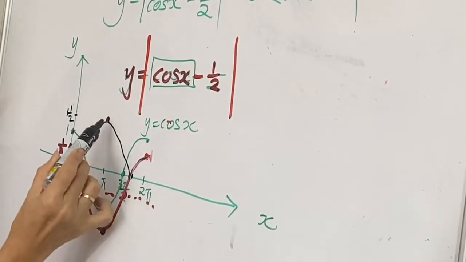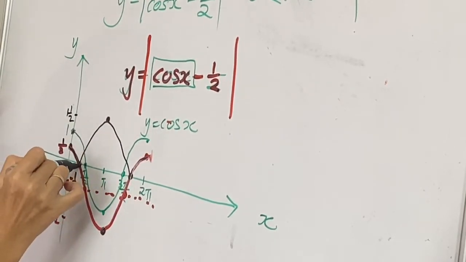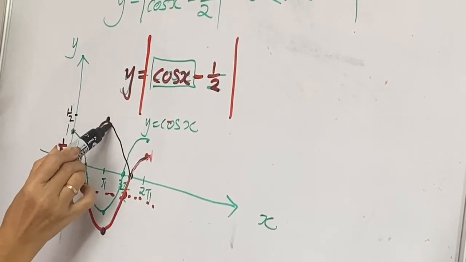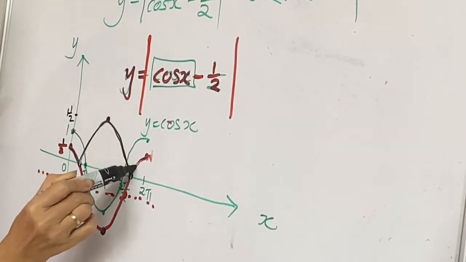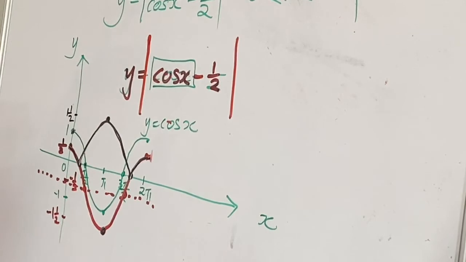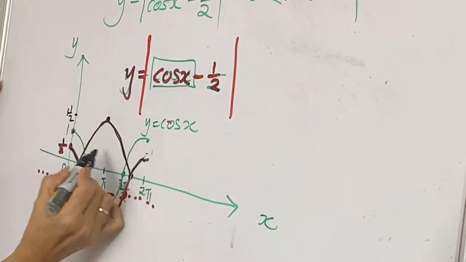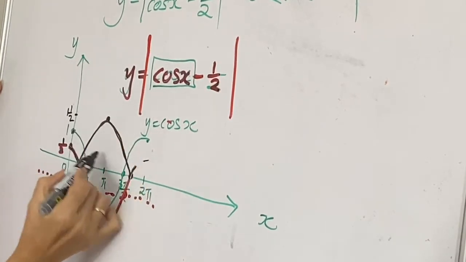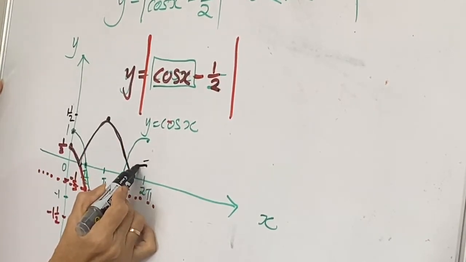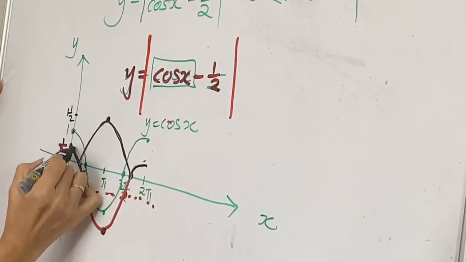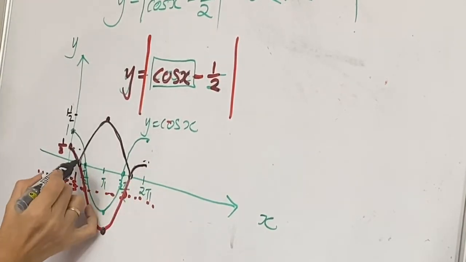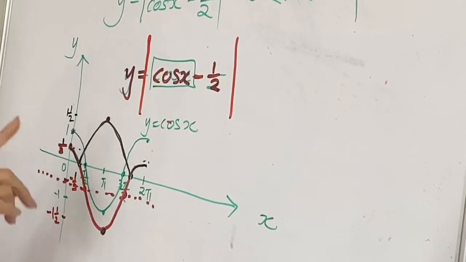All right, so the black one is the final graph that you should sketch. Got it? This one is a bit above, it should be the same height, so let me adjust a bit. Okay, so this is half. The black one is the actual graph that you're supposed to sketch, so you can erase the ones you don't want to show.